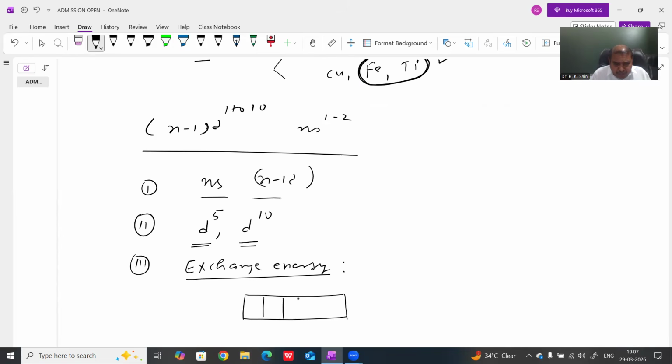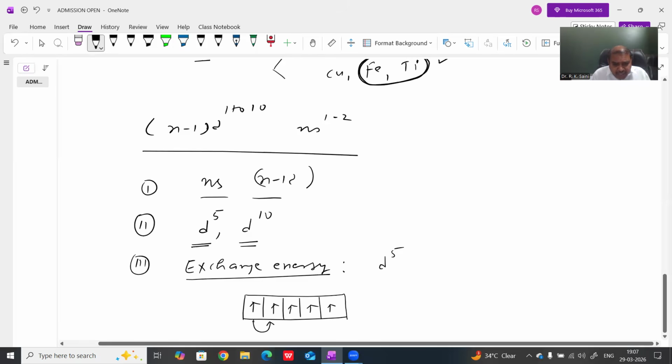For example, in the case of d5 electronic configuration, 5 electrons are present in degenerate orbitals. Degenerate orbitals means orbitals which have equivalent energy. Notice the point: electrons in degenerate orbitals with the same spin instantaneously exchange their position.